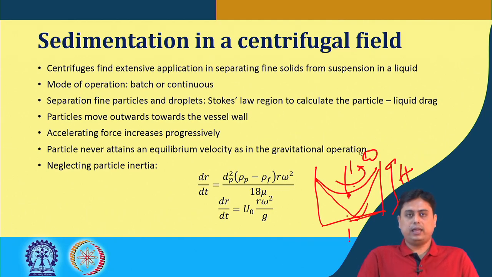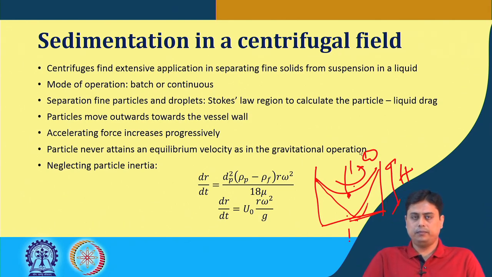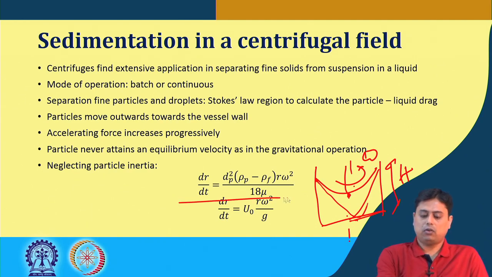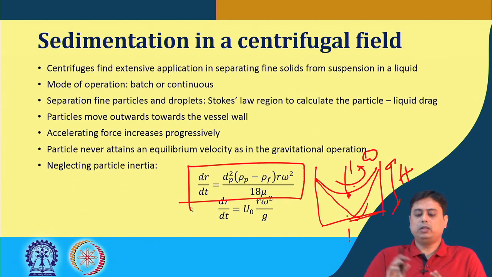So in this case, if we neglect the particle inertia, because we consider the particles to be very fine, then the velocity of the particle can be written in this form, assuming the Stokes law is valid in that region, where r is the radius of its rotation.